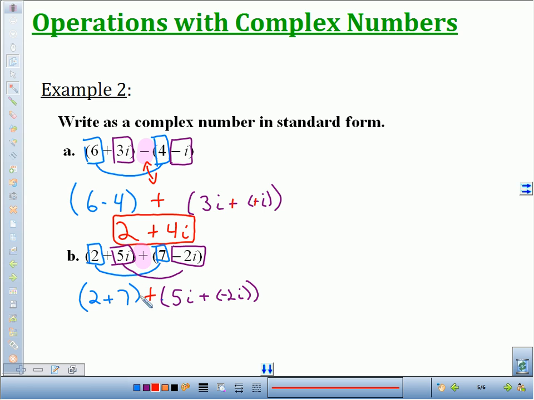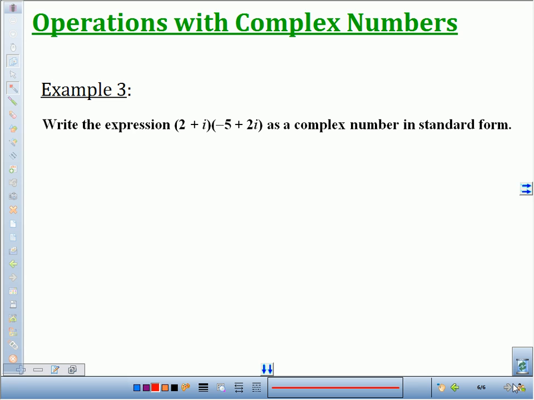Alright, 2 plus 7 is 9. We know that. 5i plus negative 2i is 3i. That means that when I add 2 plus 5i plus 7 minus 2i, I get 9 plus 3i. Again, just like combining like terms, really. It's just we have an i instead of an x.